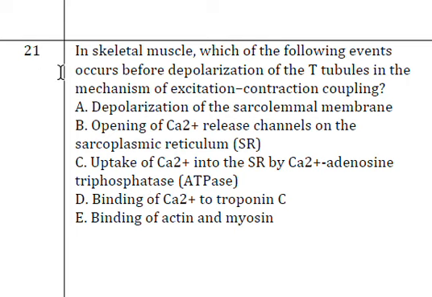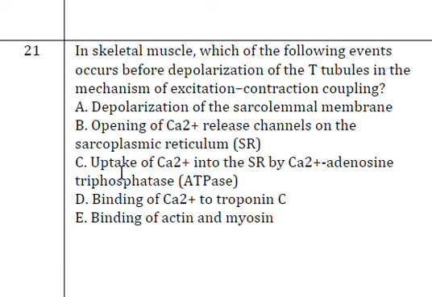So, question number 21. In skeletal muscle, which of the following events occurs before depolarization of the T tubules in the mechanism of excitation-contraction coupling? A. Depolarization of the sarcolemmal membrane. B. Opening of Ca2+ release channels in the sarcoplasmic reticulum.